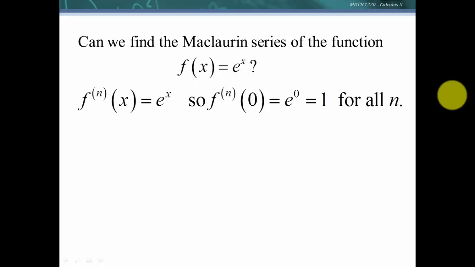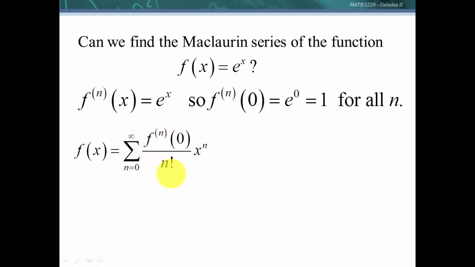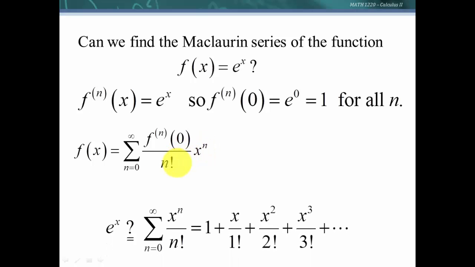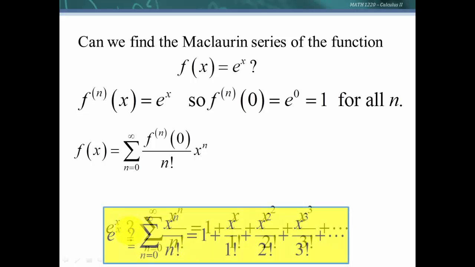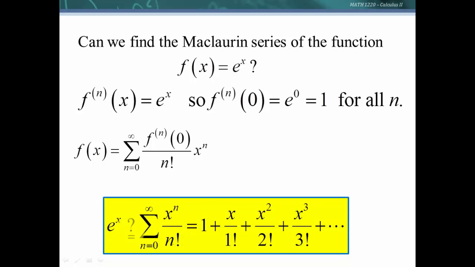So if we were to write out these terms, we would have 1, we'd have x to the n over n factorial. So does this equal e to the x is our question, and here are the terms written out. And if there was a Taylor series that equaled this function e to the x, it would be this function. But the big question is, does it equal? That's what we want to try and figure out.